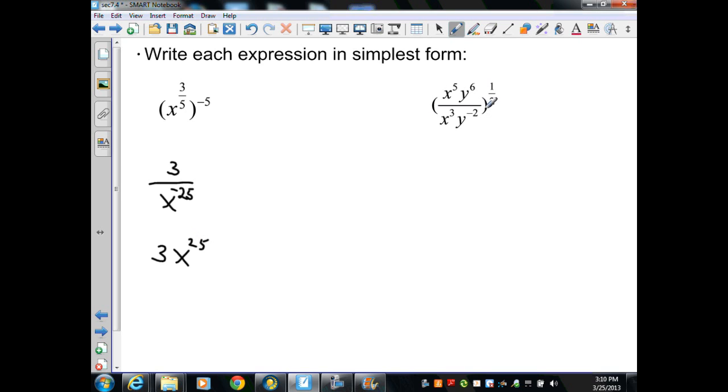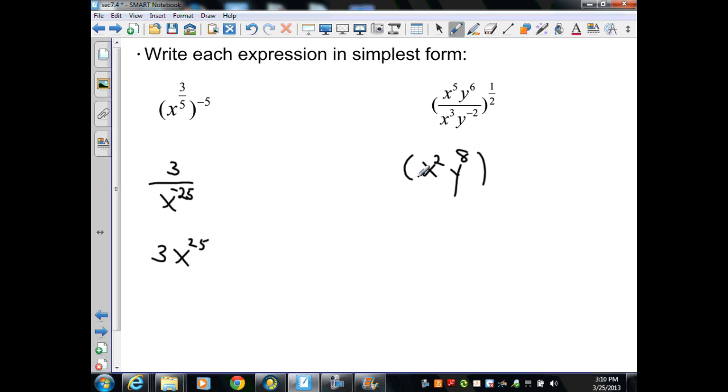Here I have a quantity that is to the 1/2 power. What I want to do first is to simplify inside my quantity. Therefore, I'm going to use the quotient rule on my exponents, and I'm going to have x, top exponent minus the bottom exponent. 5 minus 3 is 2. And y, 6 minus a negative 2, which is 6 plus 2, which is 8.